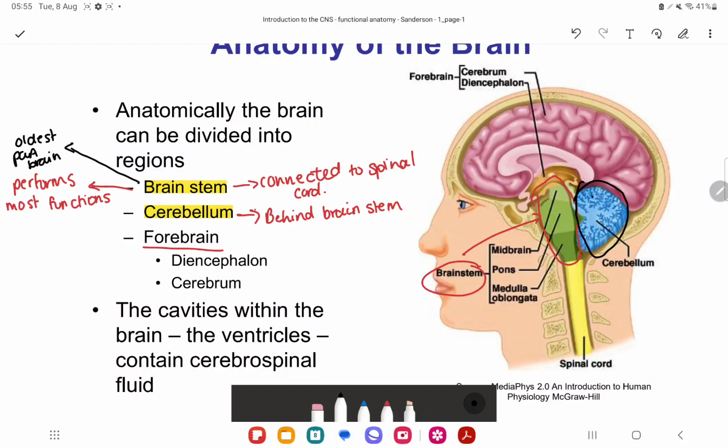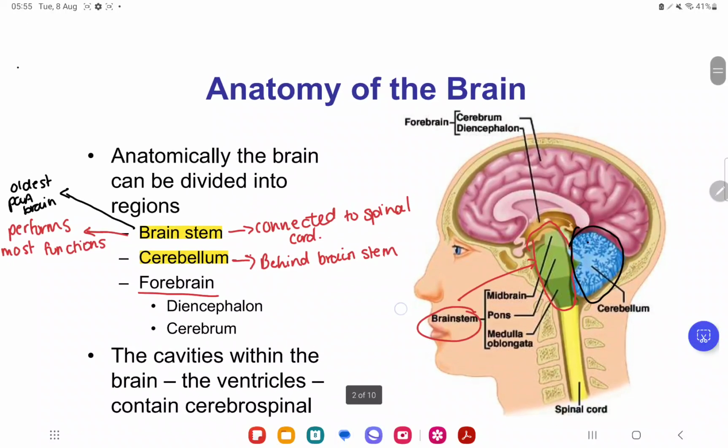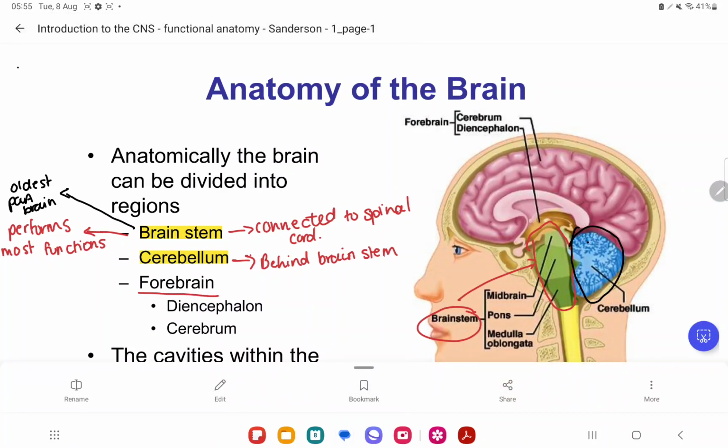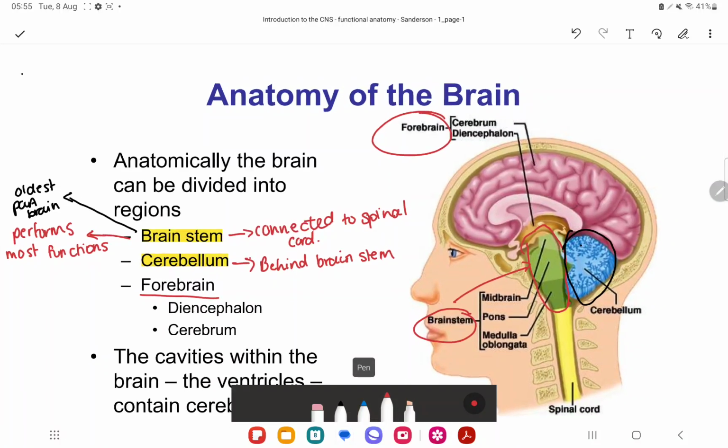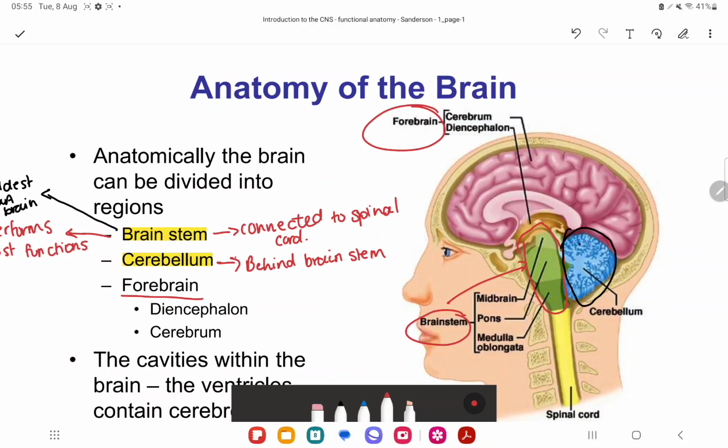So we've gone through the brainstem, the cerebellum, and the last part is the forebrain. Now the forebrain, that's this part over here. The forebrain can be subdivided into the cerebrum or the diencephalon.